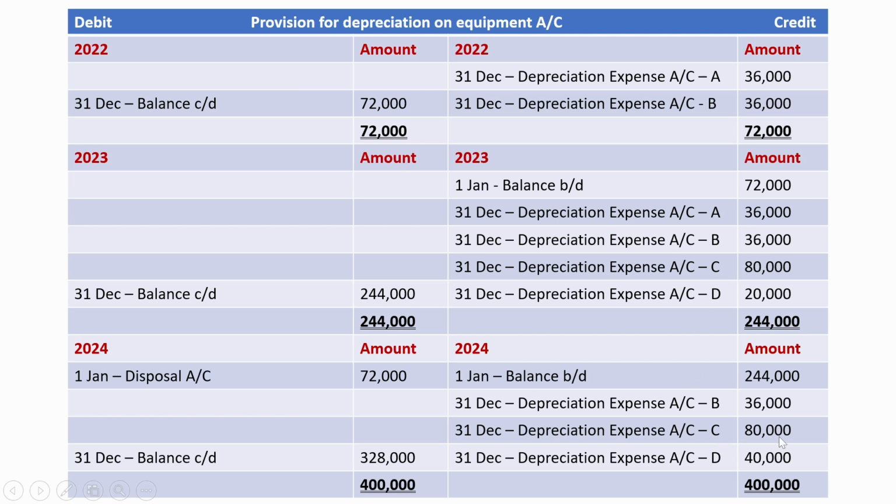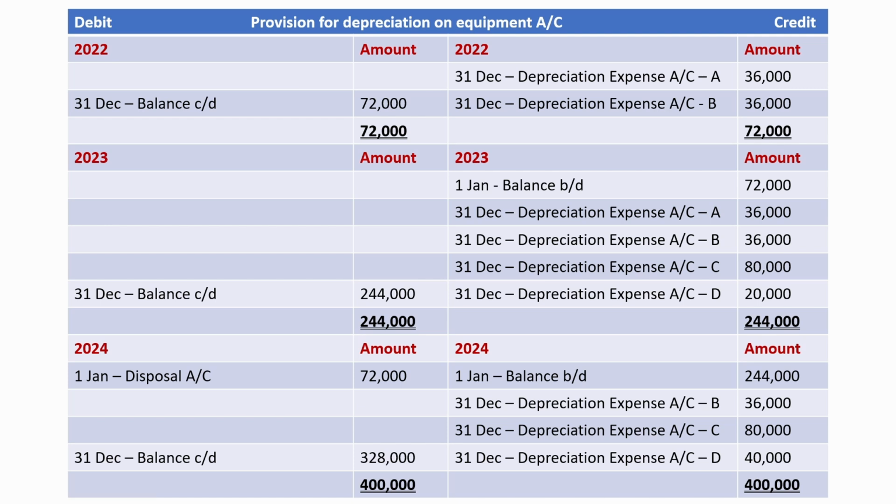We still have the same because the amount remains constant. But when you go to D, in 2023, D was purchased in between the year. But when you go to 2024, equipment D has stayed for a whole year, 12 months. So we are calculating depreciation now for a whole year, not half a year.